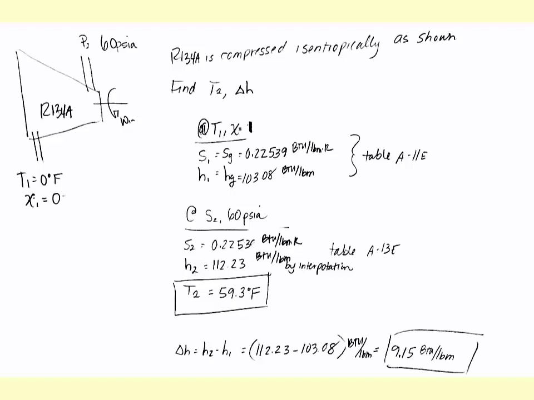Okay. So state 2, we know the pressure is 60 psia. What is any other property value? Okay, S2 is equal to S1, so S2 is equal to this 0.22542 BTUs per pound mass Rankine.